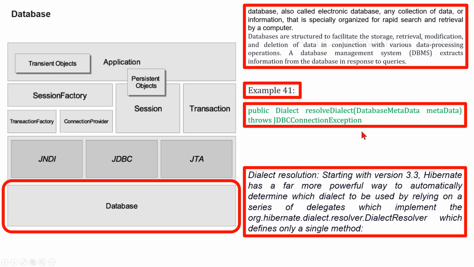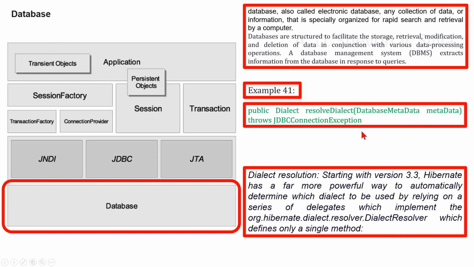Starting with version 3.2, Hibernate introduced the notion of automatically detecting the dialect to use based on the java.sql.DatabaseMetaData obtained from the java.sql.Connection to that database. This was much better, except that the resolution was limited to databases Hibernate knew about ahead of time and was in no way configurable or overridable.